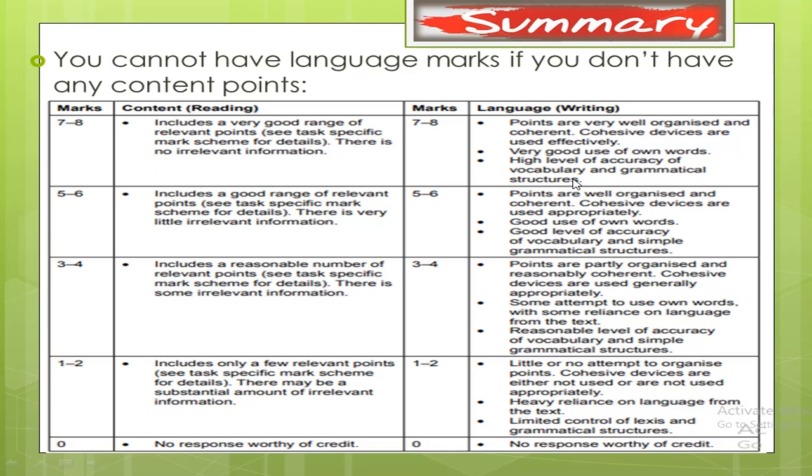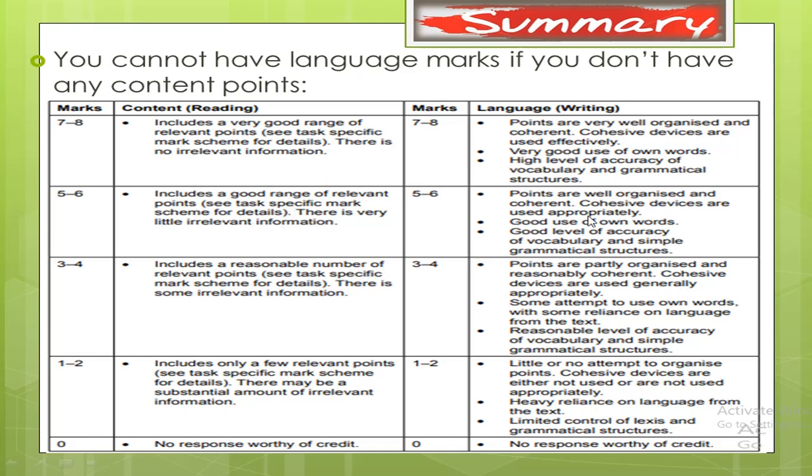Also, we have to make it accurate, we have to use it correctly. So if we use the grammatical structures in an accurate way, and also use the proper vocabulary perfectly without making any mistake in the position, the placement or the meaning, there are chances that we get 7 to 8 marks.